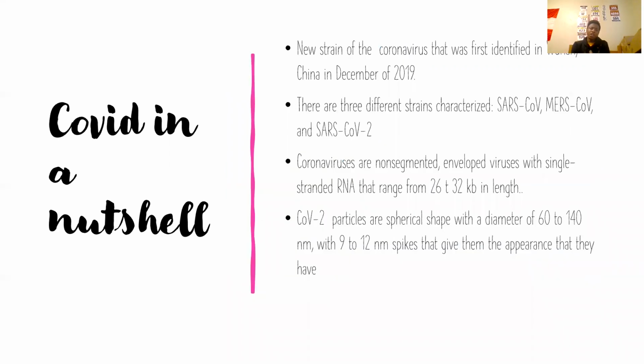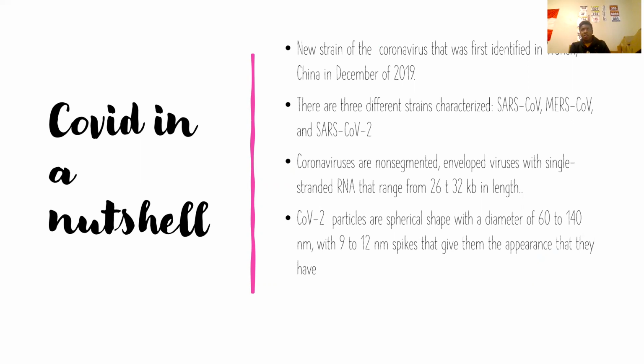So, COVID in a nutshell. The new strand of COVID was first identified in Wuhan, China in December of 2019. That strand ended up being transported to the United States by February 2020, in Washington.